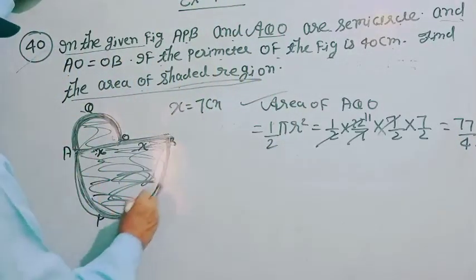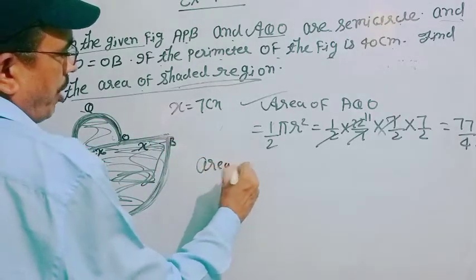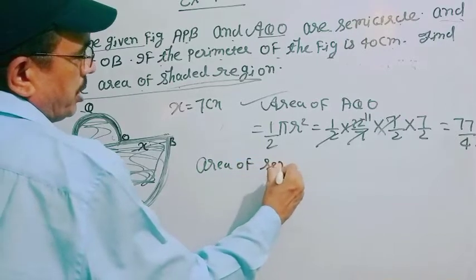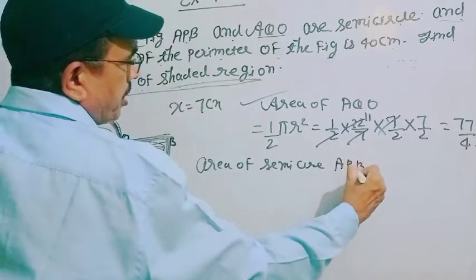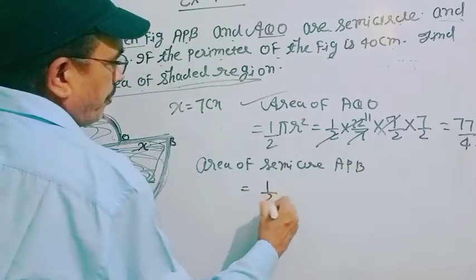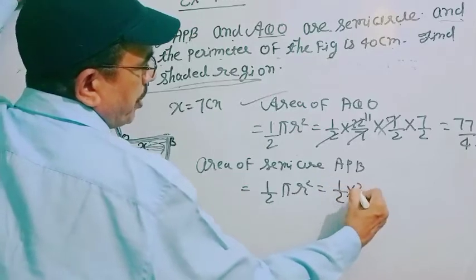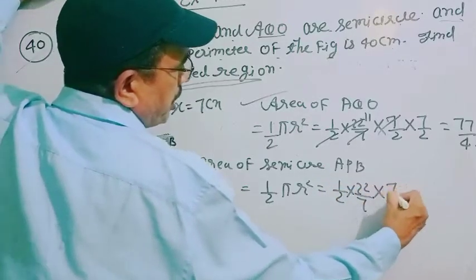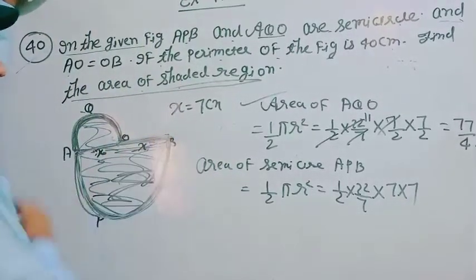And the next semicircle is APB. So the area of semicircle APB is equal to half pi r square, that is half into 22 by 7 into 7 into 7, because now the radius is 7.